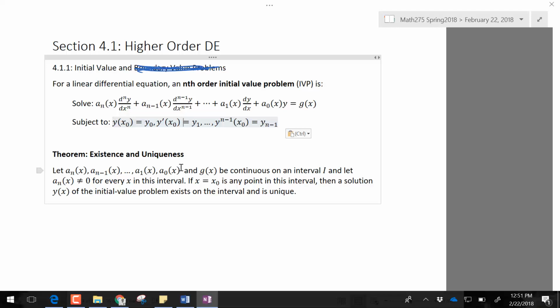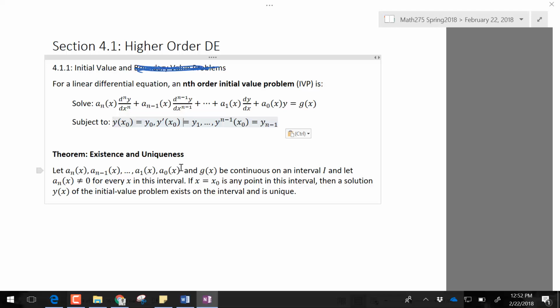Now there's a theorem that we're not going to prove, because we never do, about the existence and uniqueness of an initial value problem. And this says that if you have an initial value problem with the appropriate parameters, like an nth order differential equation with n initial conditions, then you're guaranteed to have one unique solution for your problem.